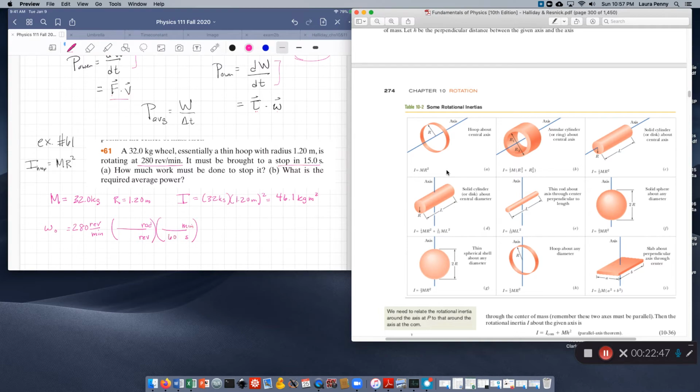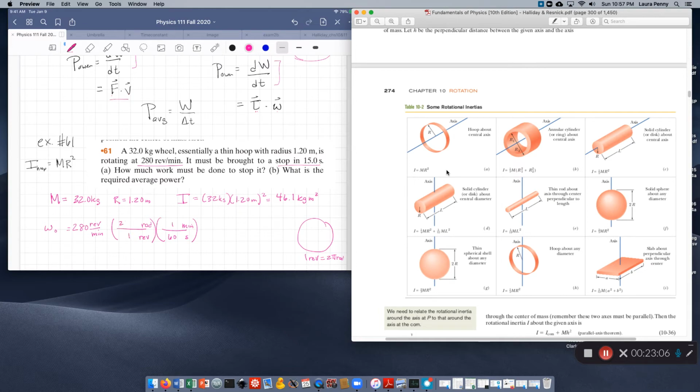Minutes into seconds is easy. A revolution is one time around, so one revolution has 2 pi radians.